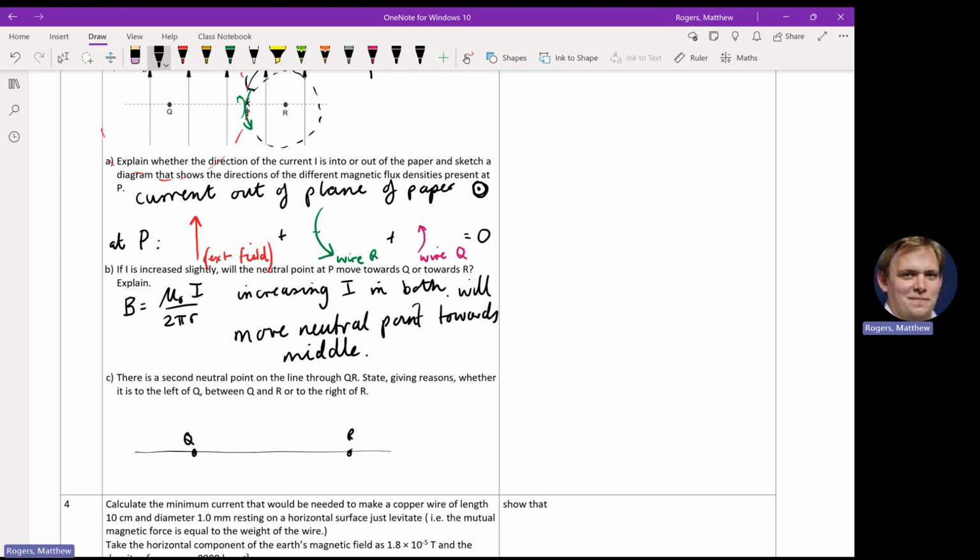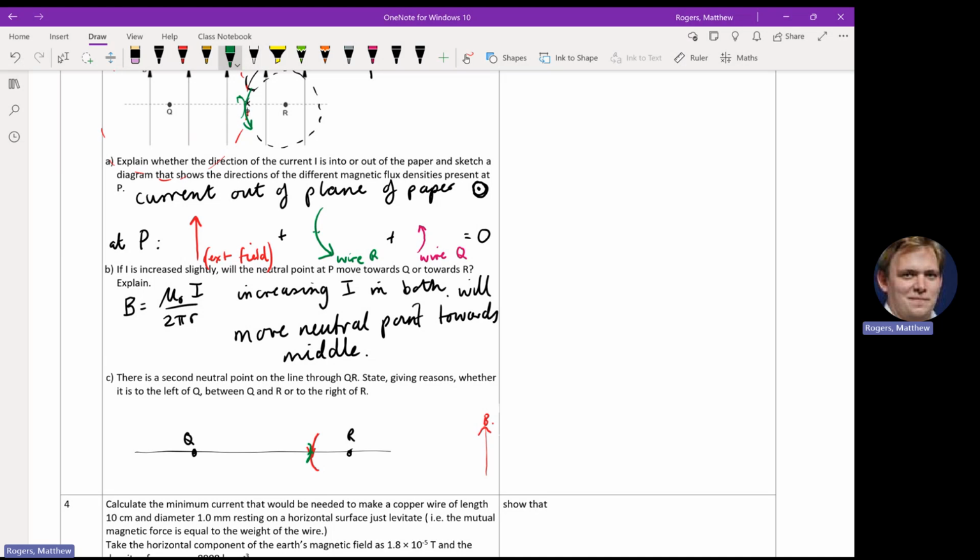Q and R. So remember, we're looking for a place where the resultant of the field from Q and R can be downwards, so it can counteract this external field B. So we know there's one about here. So where R has a big downwards one and Q has a small upwards one.